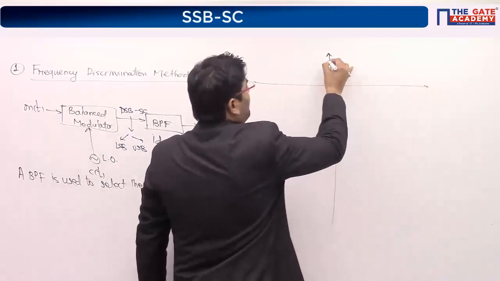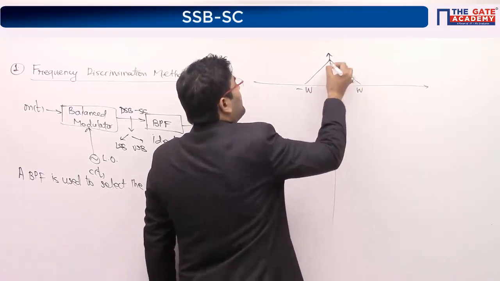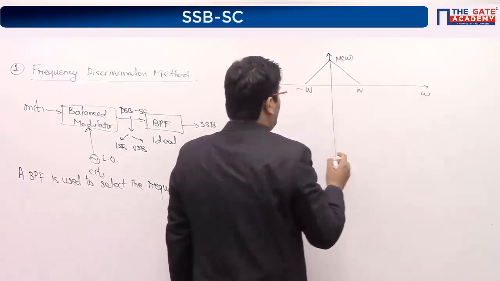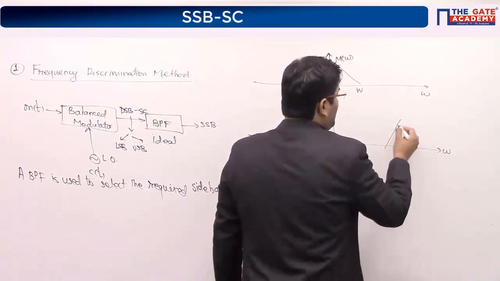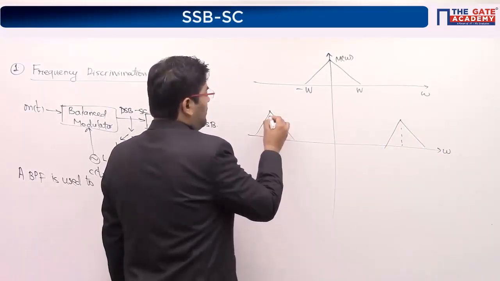So you have a message signal, something like this, from minus W to W. This is M of omega, right? This gives you double sideband, so it will shift to here, and similarly it will shift to here.